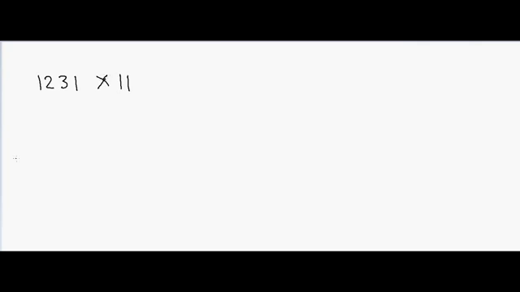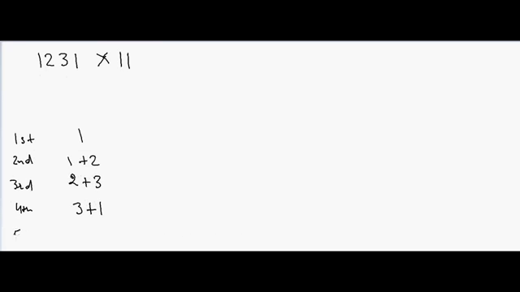So the first digit will be equal to 1, the second will be equal to 1 plus 2, the third will be equal to 2 plus 3, and the fourth will be equal to 3 plus 1, and then we are left with the fifth, which is equal to 1.